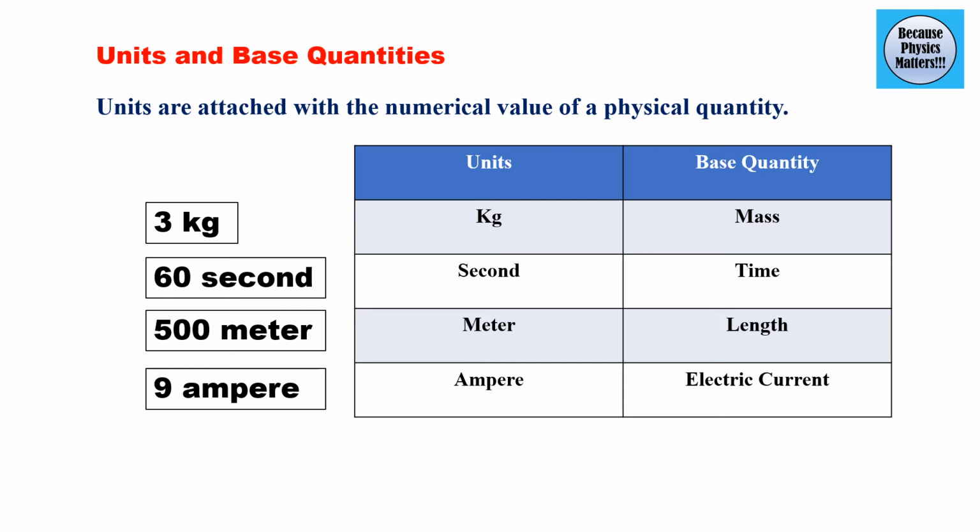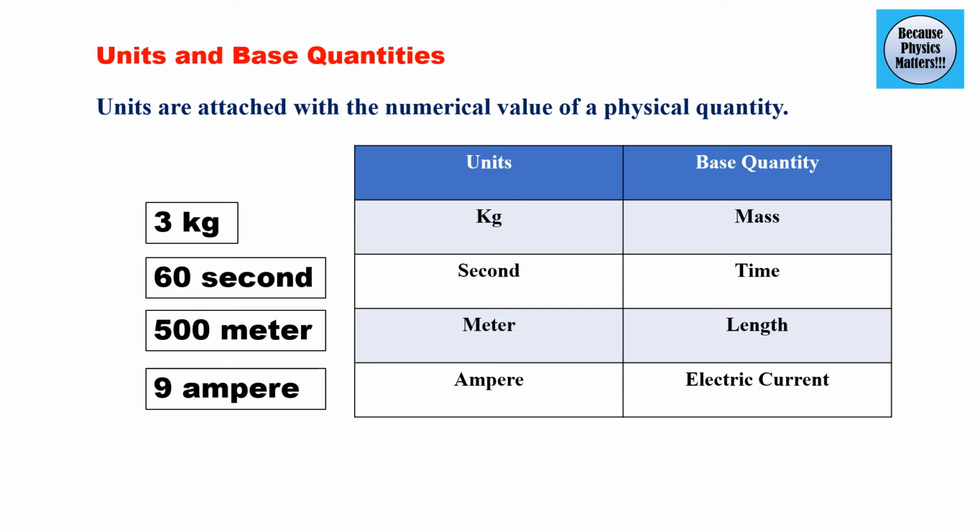Similarly, in 60 second, the second is a unit, and because the measurement is in terms of second, this is actually for time, so time is the base quantity. Similarly, if you are measuring distance, that is in meter. Obviously it can also be in kilometer or millimeters, but right now we are talking about the general units.